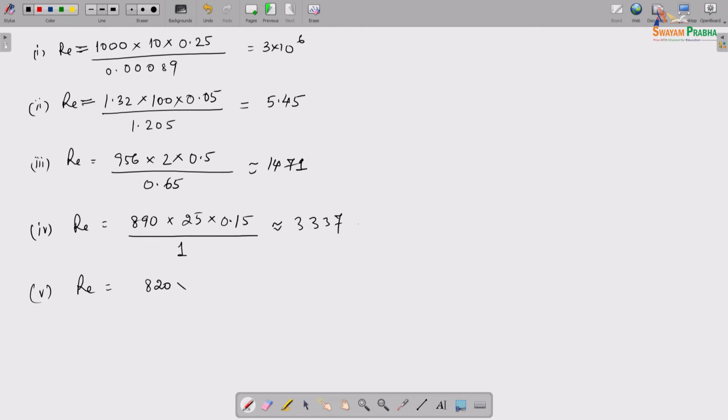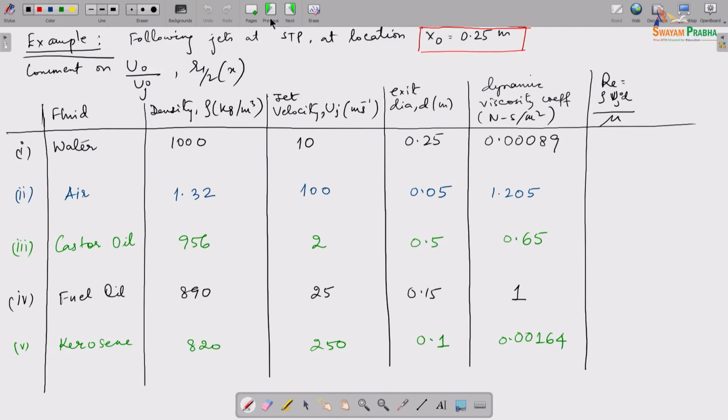Eight rho uj diameter and mu, 12.5 million. Okay, so let's write that down in the previous case. These are calculated, the rest of it is given.